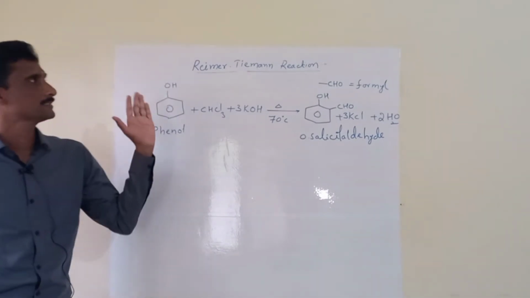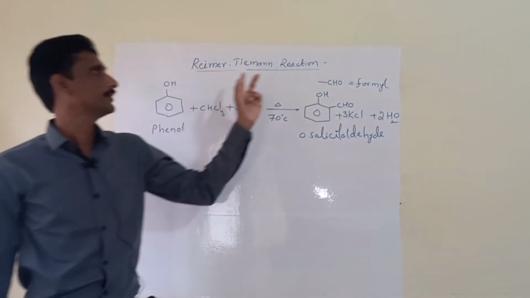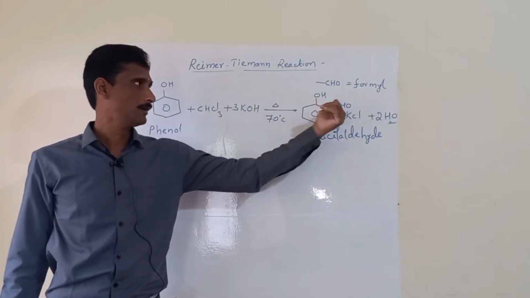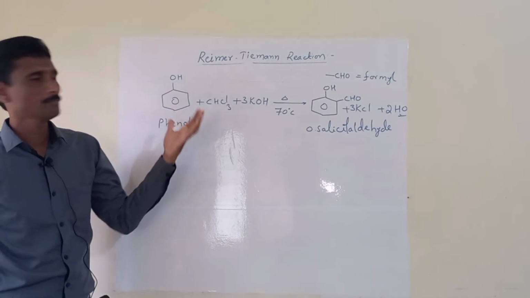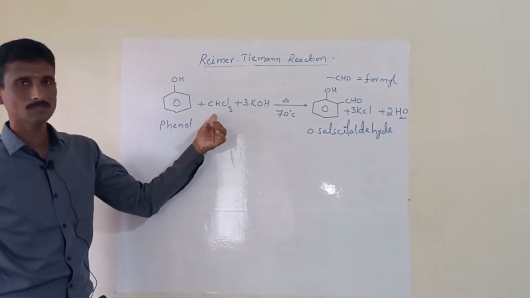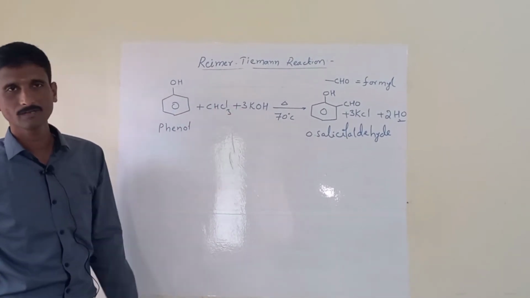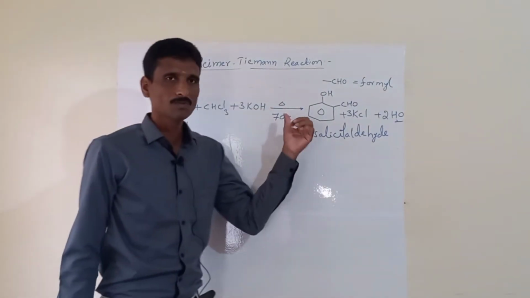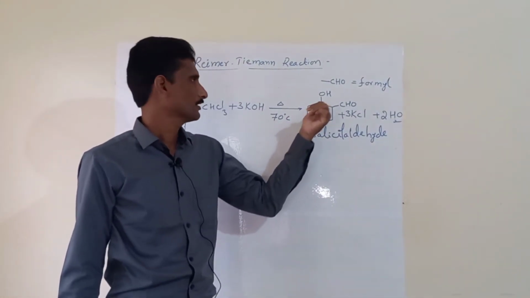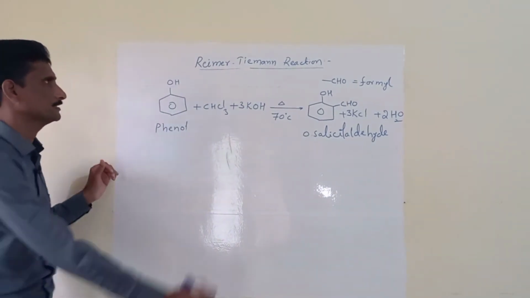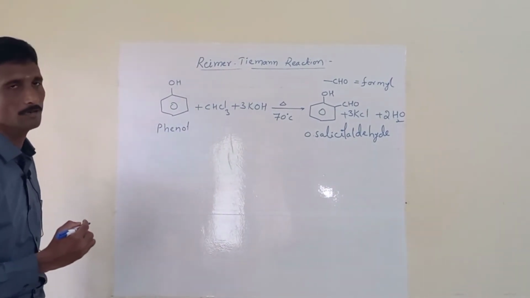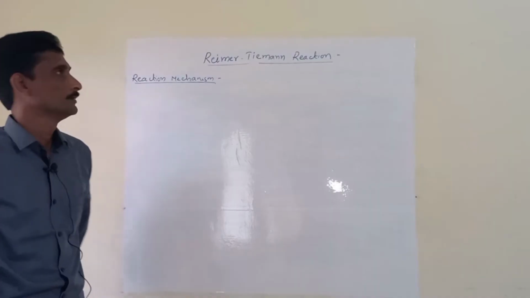So this reaction is called the Reimer-Tiemann reaction or phenol formylation reaction. So what is the Reimer-Tiemann reaction? Phenol reacts with chloroform in the presence of KOH, upon heating gives ortho-salicylaldehyde.